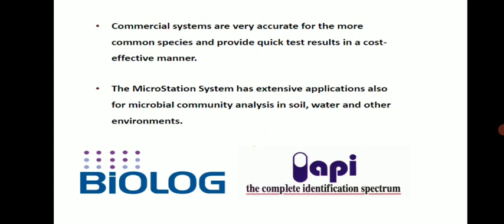The Biolog system has extensive application, and it is also used for microbial community analysis in soil, water as well as other environments. So these are the two very popular commercial modified techniques, Biolog and API systems. They are widely used in identification of particular microbes or microbial communities or species.